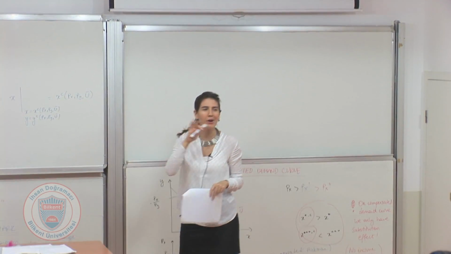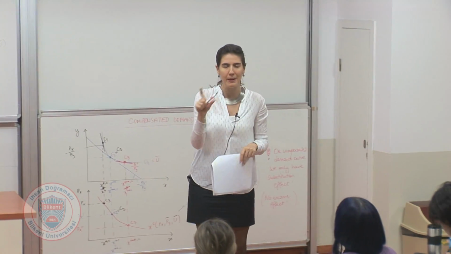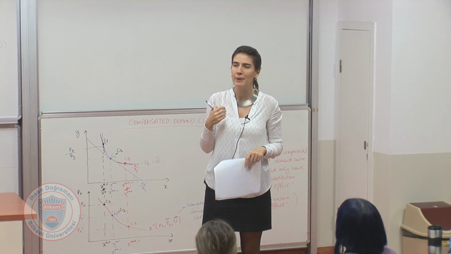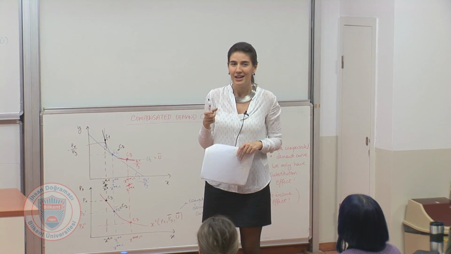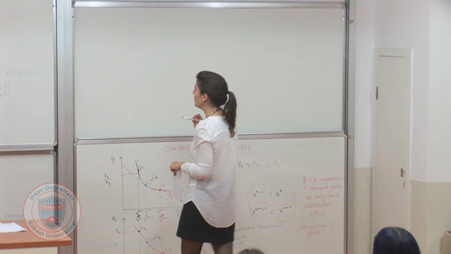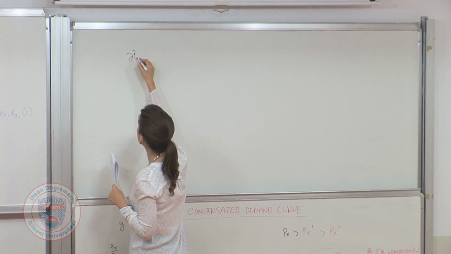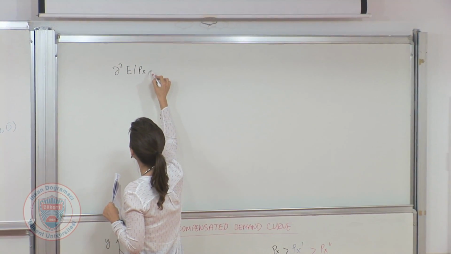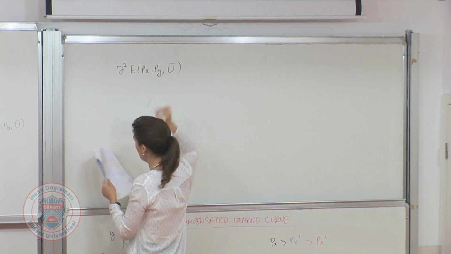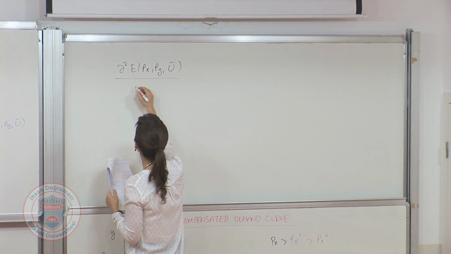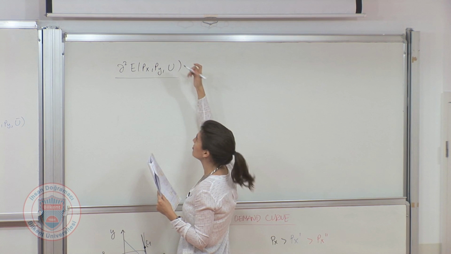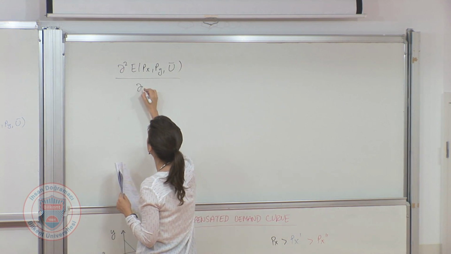Remember when I write down the properties of the expenditure function, I said that expenditure function is concave in prices, right? So remember we said something like this. This expenditure function is basically, or if you want, I can call it u, or u bar, whatever you want.